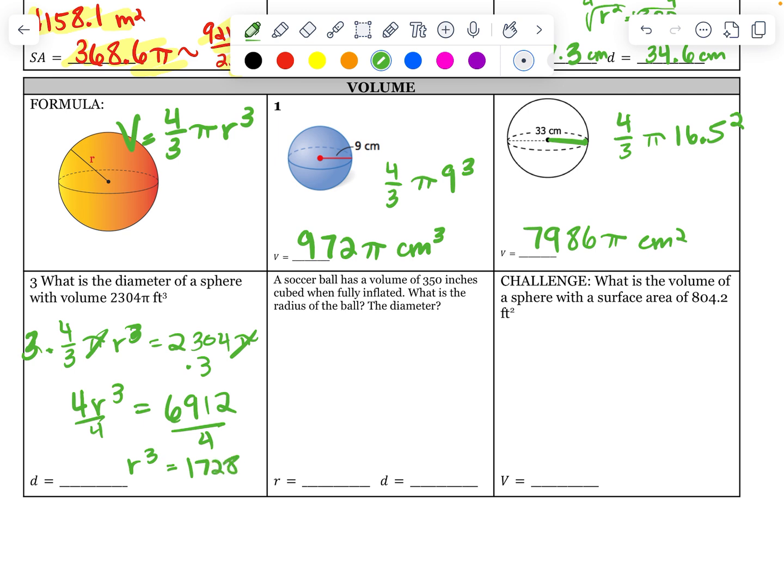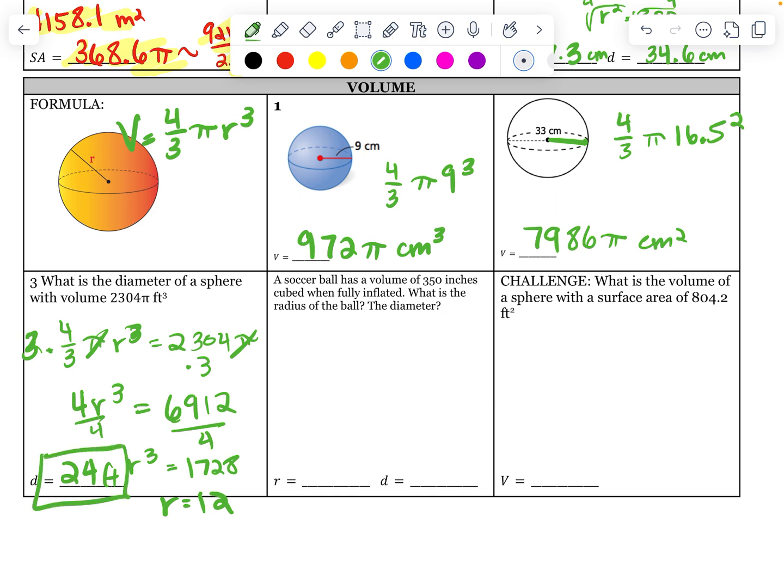On all of these calculators, I'm pretty sure you have to put the 3 in first. So type 3 in first, and then go second, square root. So it's the square root right above the normal square root. It's got a little x by it. And we're going to do 1728. And I got 12 for the radius, which means the diameter is 24 feet.